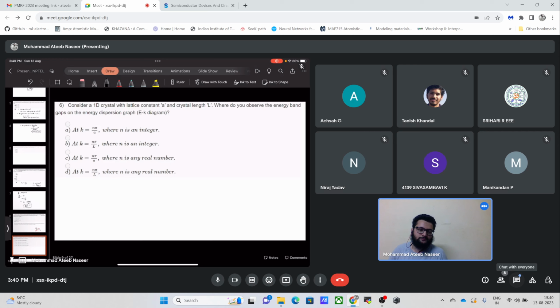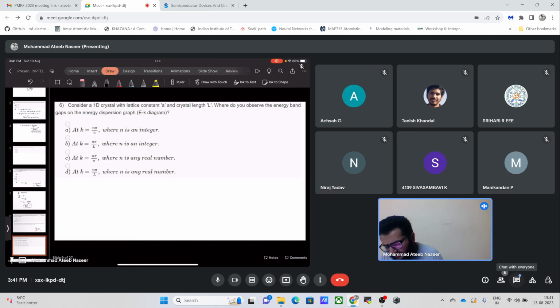For example, I am having a 10 nanometer or 20 nanometer crystal in length, and the lattice constant will be the spacing between the two atoms that the crystal is constituted of. For example, if I am having silicon, the distance between two silicon atoms will be denoted by this A, and the total length of this bar of silicon will be denoted by L. This will be the crystal length.